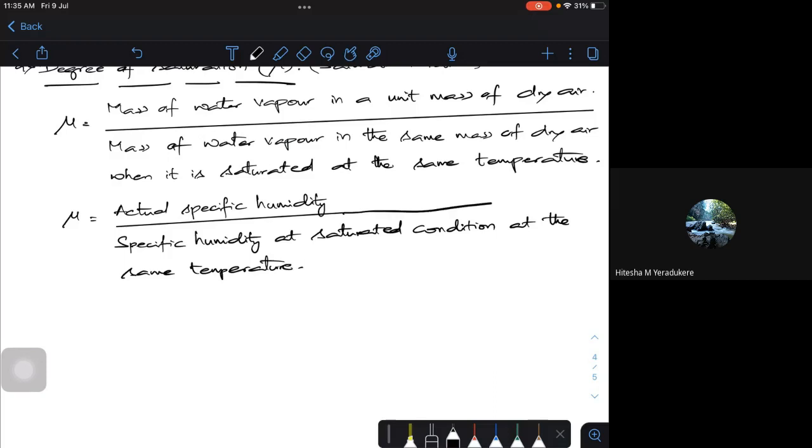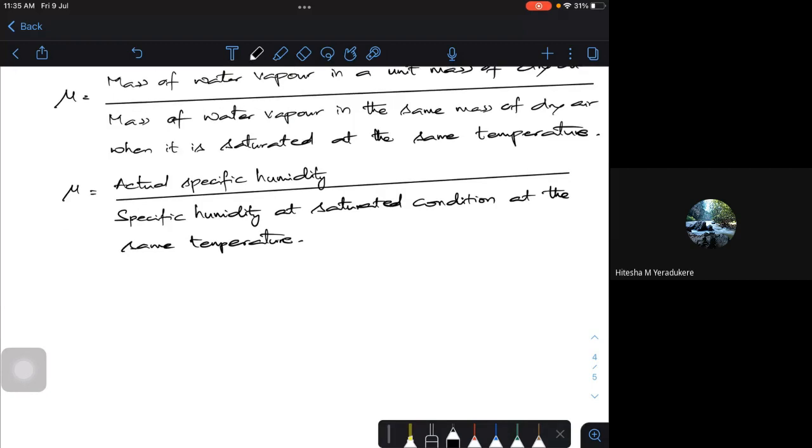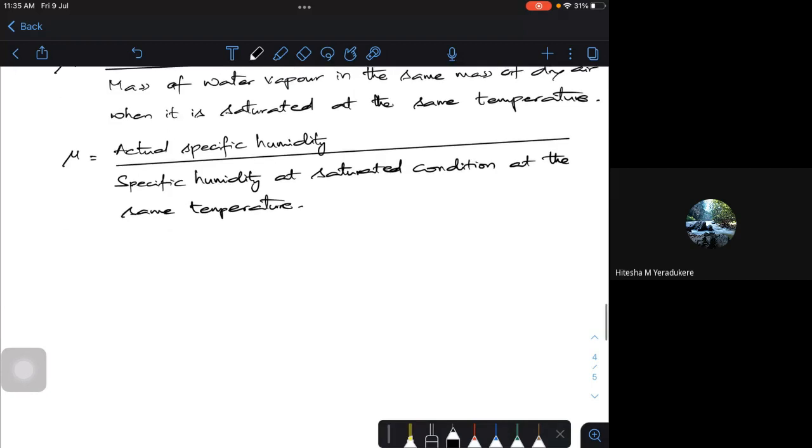So this is your actual definition of it. To be very precise and mathematical, I can write it as mu is equal to omega divided by omega under saturation condition.